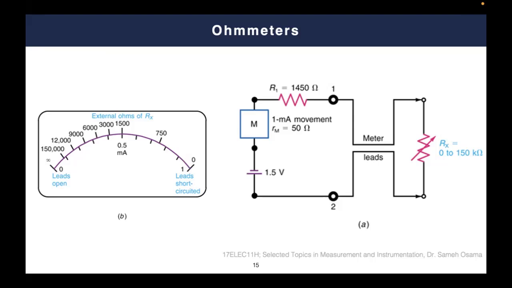Again, as I mentioned in the beginning of this lecture, most of these devices are now out of date and they are no longer used in this form. However, what we are seeking from this lecture is not the measuring equipment, it's the measuring concept.